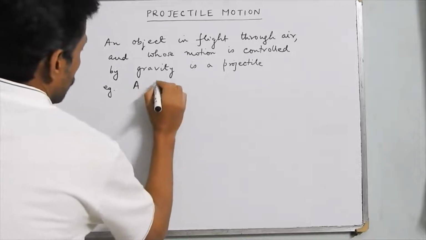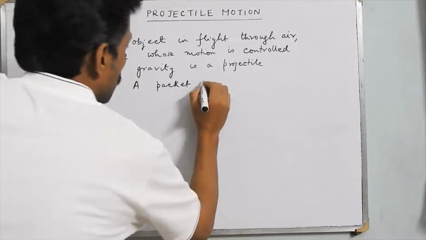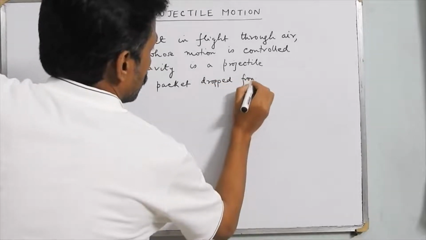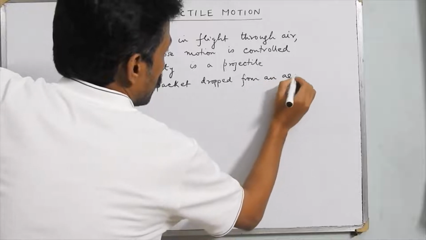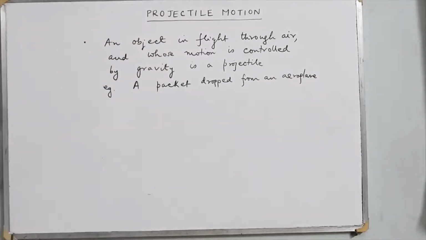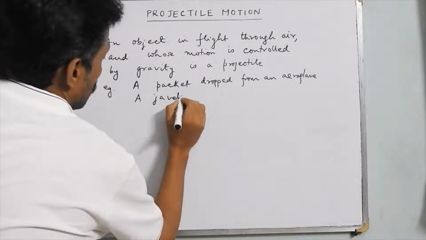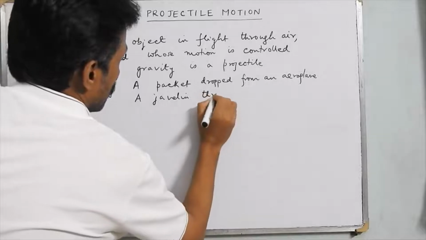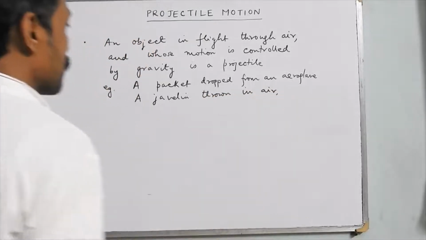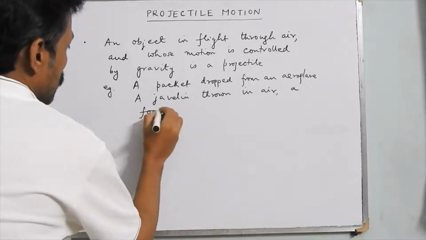A packet dropped from an aeroplane will follow a path that will be called the path of the projectile. A javelin thrown in air, and suppose a football kicked in air, and many such examples.